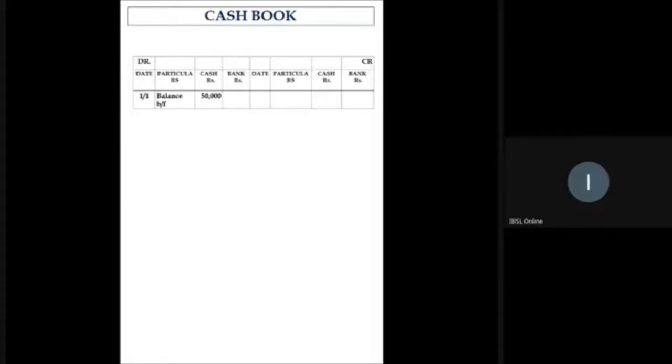Then the next transaction is where they say they have deposited rupees 30,000 to open a bank account. From here onwards, you always have to think from the double entry perspective, about how you record these transactions in the books of account, not merely in the cash book but overall. They have deposited rupees 30,000 into the bank account.